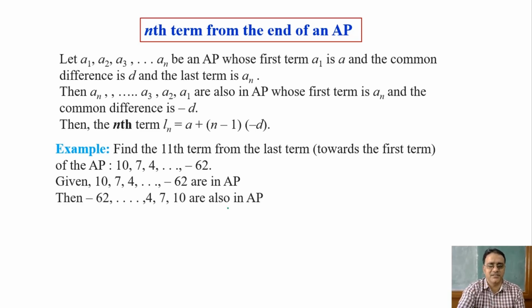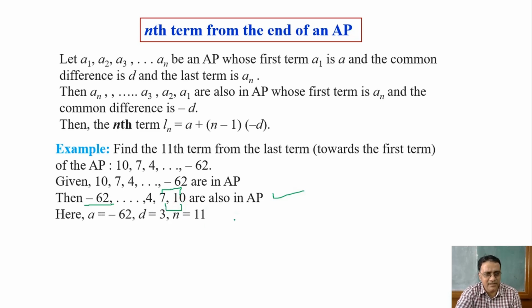Now what is the first term of this AP? Minus 62. And what is the common difference? कॉमन डिफरेंस हम लोग क्या करेंगे, कोई भी term को उसके preceding term से minus करेंगे. 10 minus 7. 3. Right. So the first term here is minus 62, common difference is 3, and we have to find the 11th term from the last term.